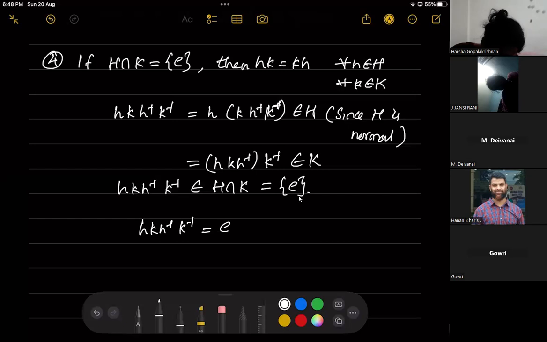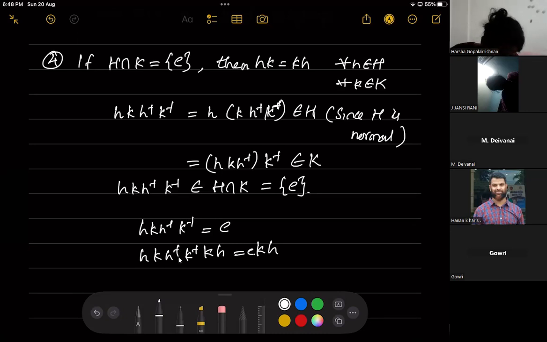Now I am multiplying both sides by kh. Here with the e I am multiplying kh, giving e kh. Fine. So this k inverse k will be identity, and in the next stage h inverse h will go to identity.